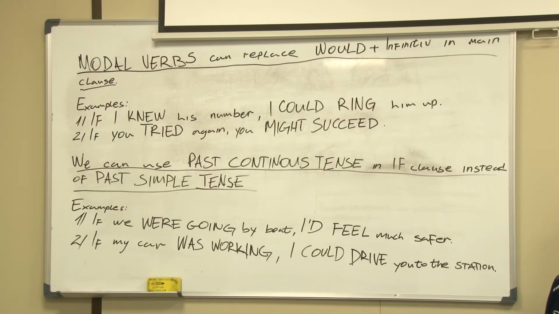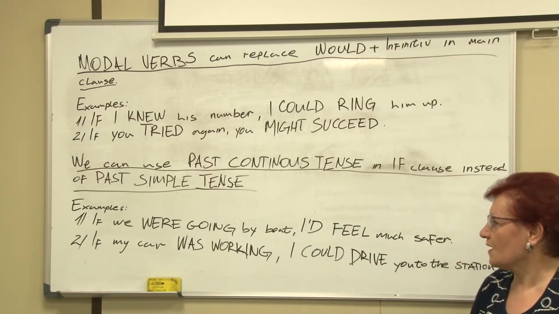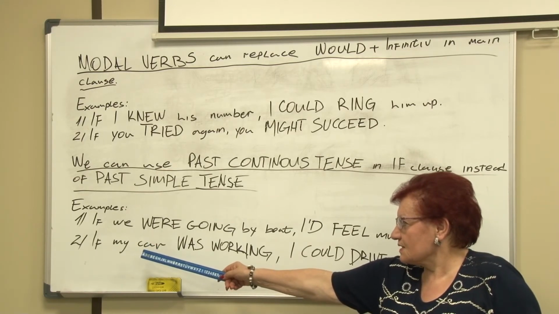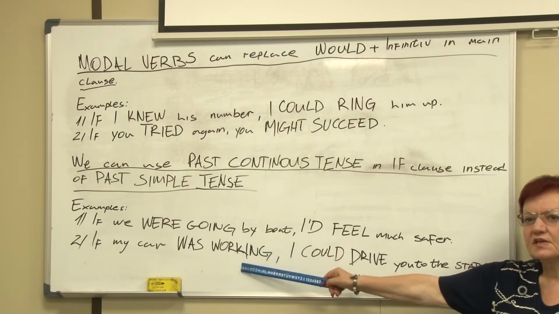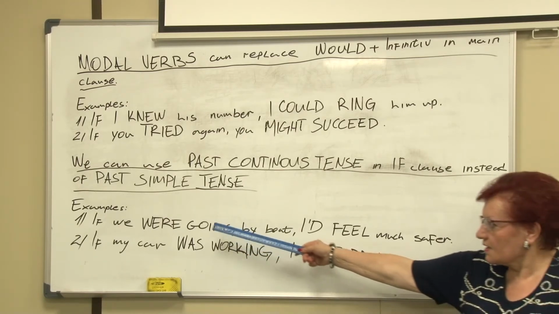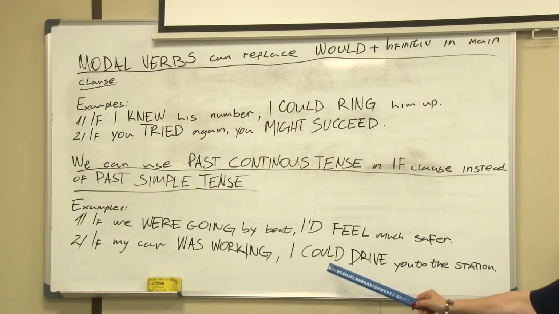Maybe for foreigners it is not always easier than using the full form. In the second sentence, we have: if my car was working, that is again a continuous tense, like in the previous one, I could drive you to the station.